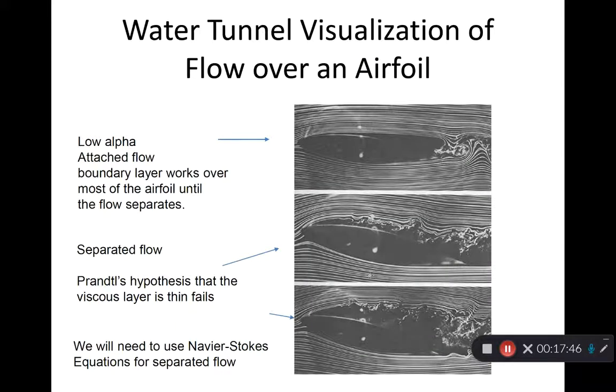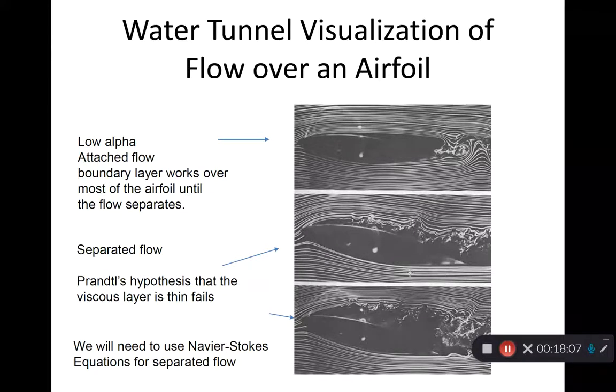So here is a picture of a flow. Prandtl was visualizing flows like this. Basically, you inject smoke particles or some tracer particles or a color dye, in this case it may be a water tunnel, and follow the track to see what's going on. These are all streamlines.